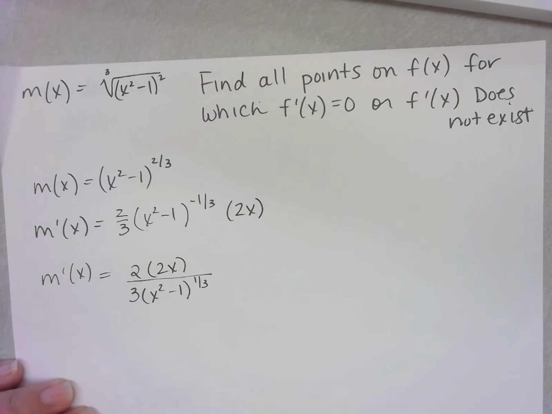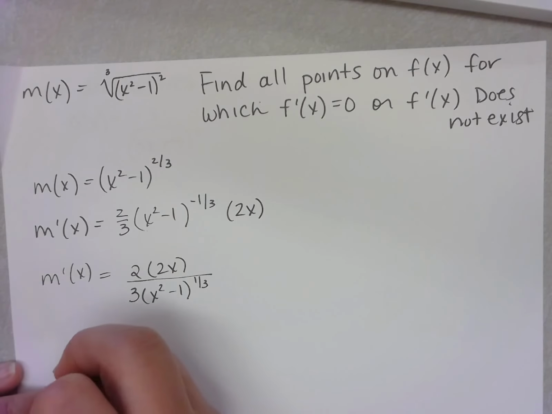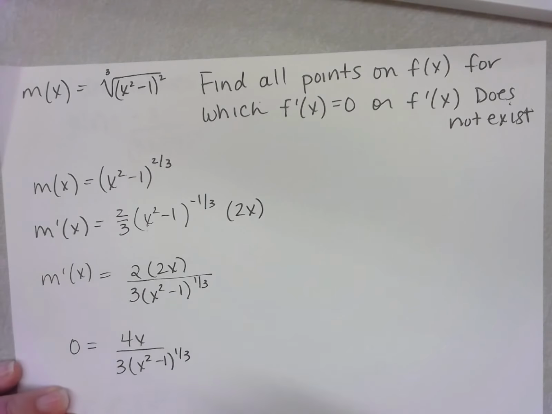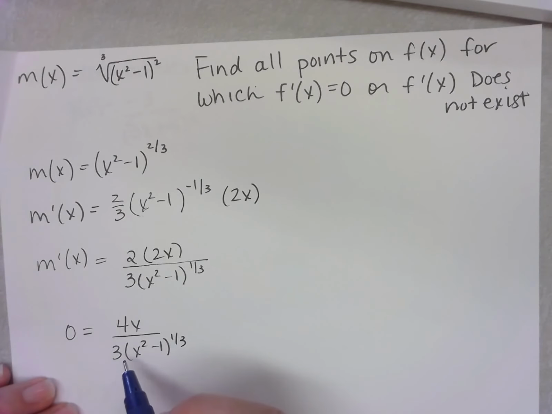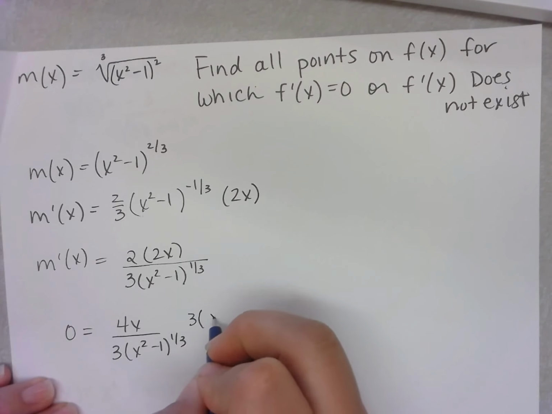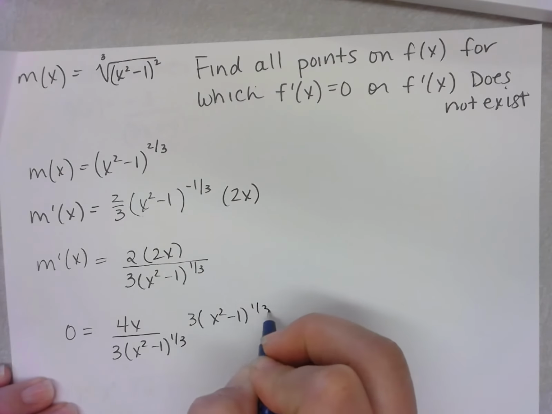All right, so the easy one to find first is where m prime of x is equal to 0. So we plug in 0 for m prime. And we have 4x over 3 times the quantity x squared minus 1 to the 1/3 power. I'm going to multiply both sides by this denominator.